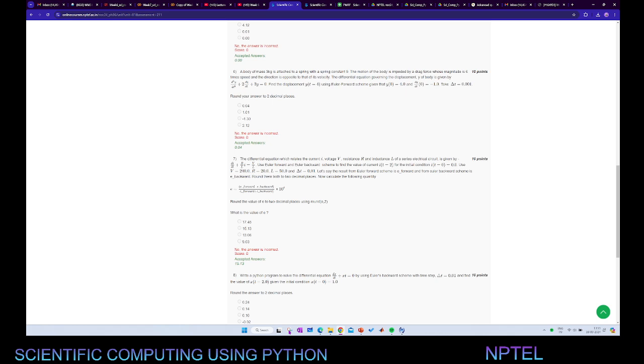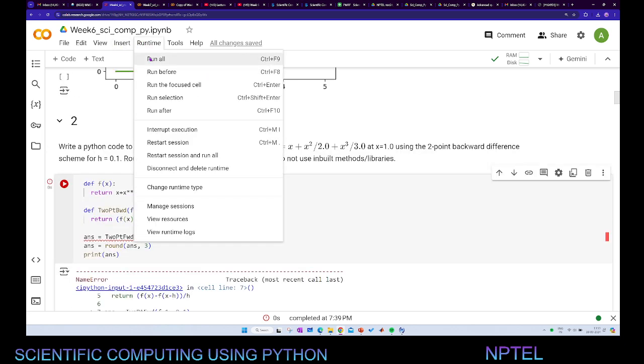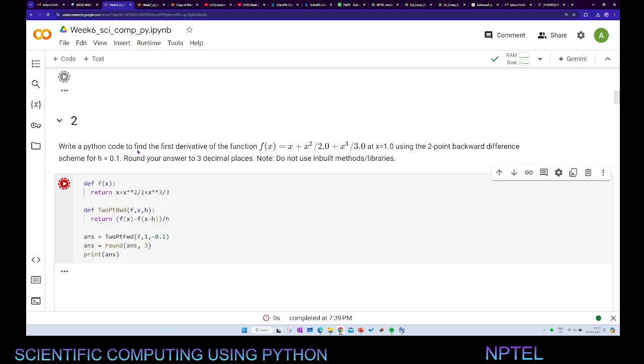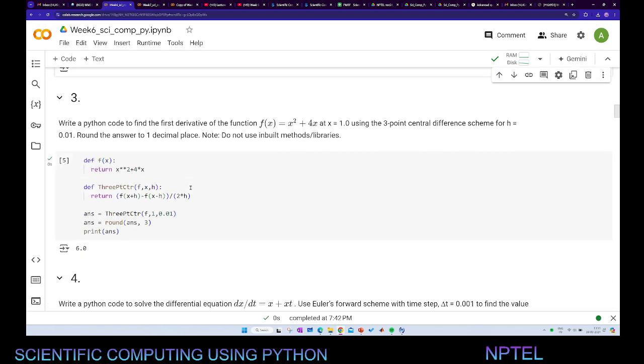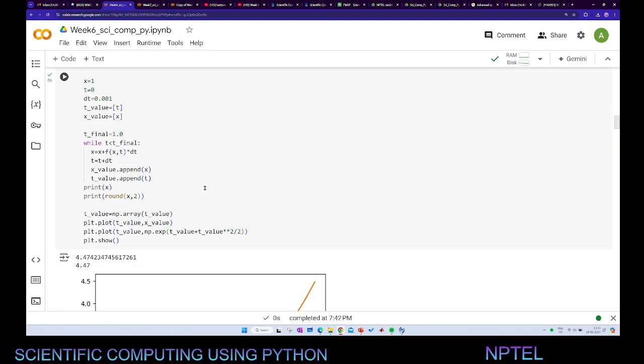Just a minute, I'll take a photo of this. Let me run all. Where is that thing?